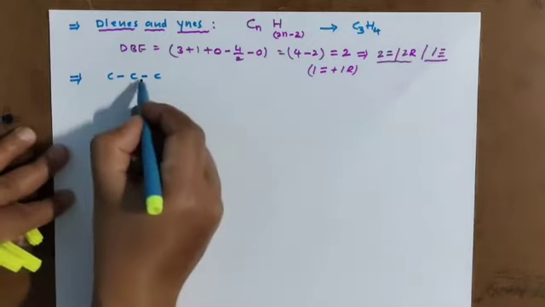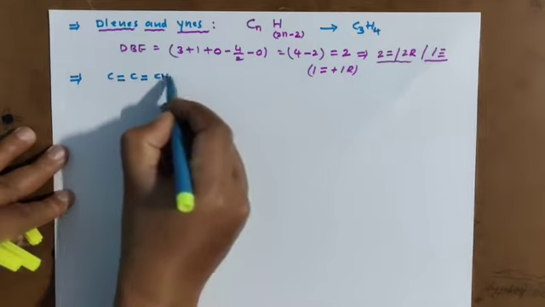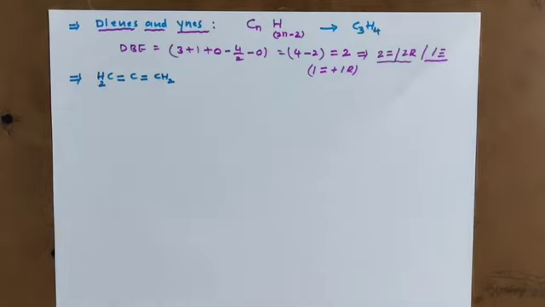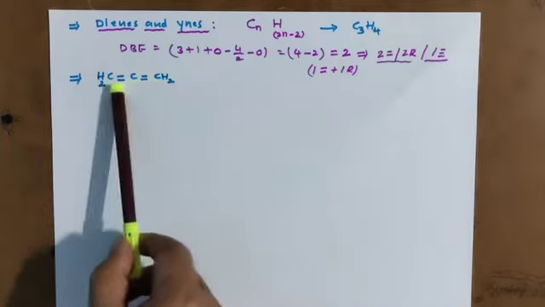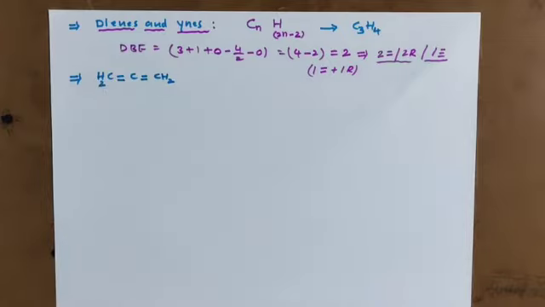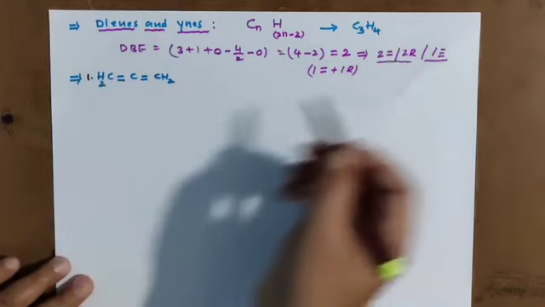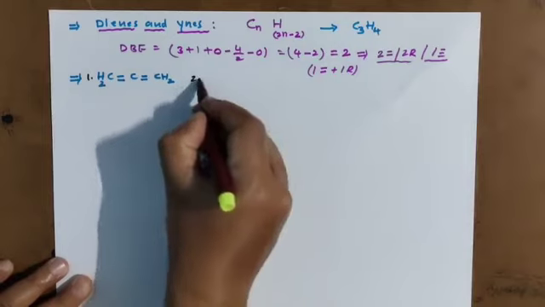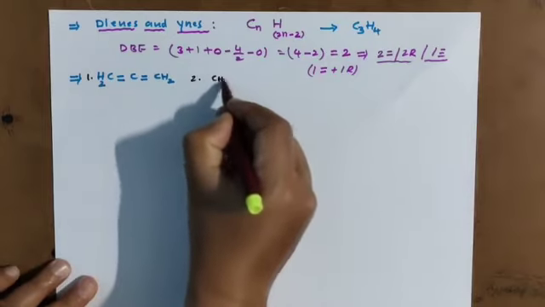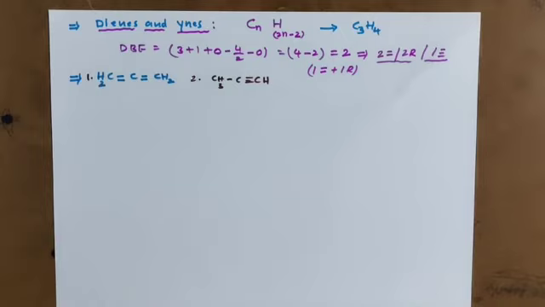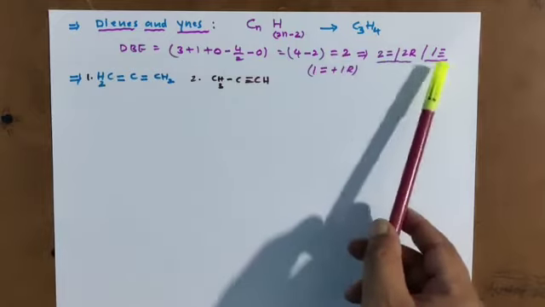We have to maintain 2 double bonds: CH2=C=CH2. The name is prop-1,2-diene. That is the diene. Now there is also the chance of 1 triple bond, so I draw CH3-C≡CH, which is propyne. So the 2 double bonds and 1 triple bond are completed.